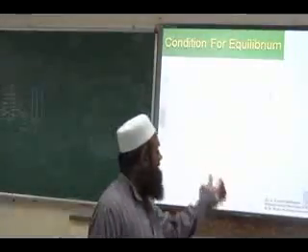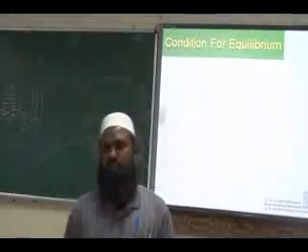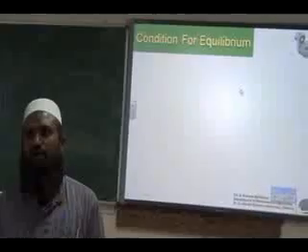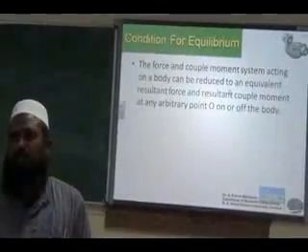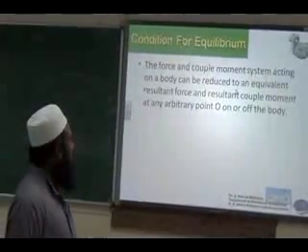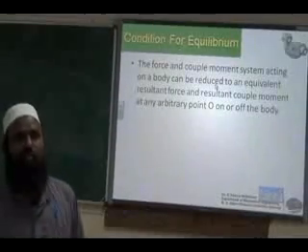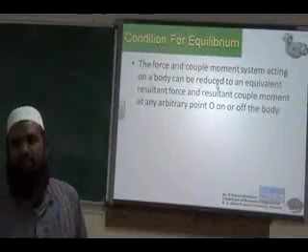For that we have to apply the equilibrium condition. We know a body will be in equilibrium if sigma F equals 0 and sigma M equals 0. Generally for applying the equilibrium condition, it is better to consider the body as a rigid one.